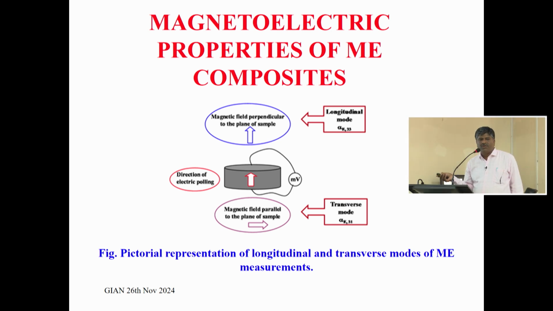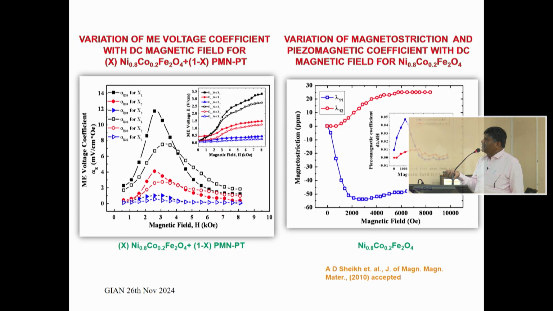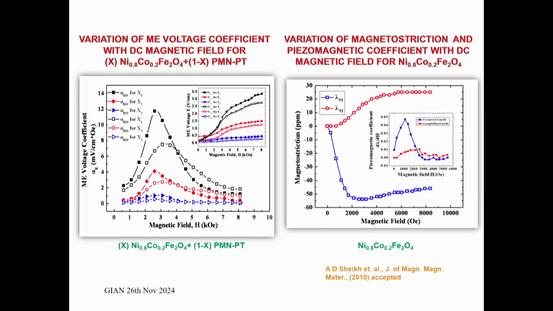So, the longitudinal and the transverse responses are different for these kinds of composites, because in the case of longitudinal magnetoelectric performance, the demagnetization factor becomes prominent, and therefore the response diminishes. So, this is the response you get.